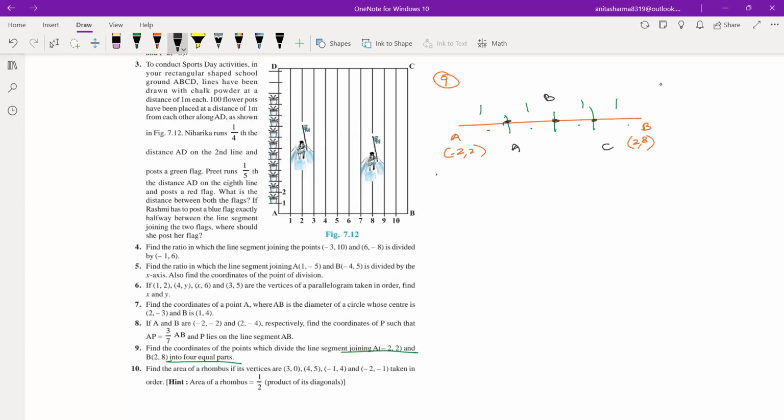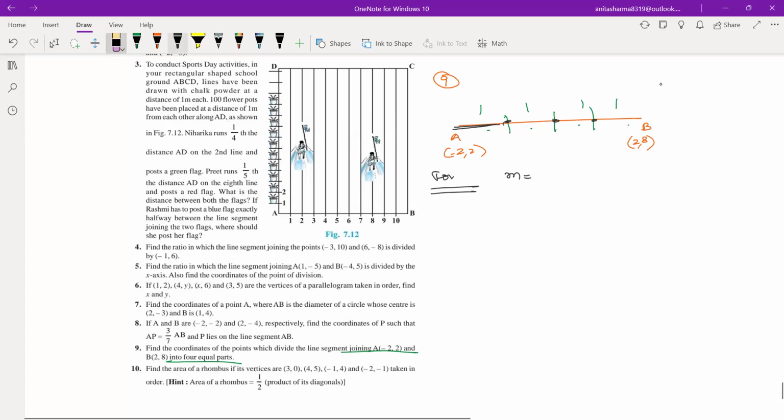Yes. So first of all, for calculating the first point, let us mark it P, the value of m is 1 and the value of n will be 3.